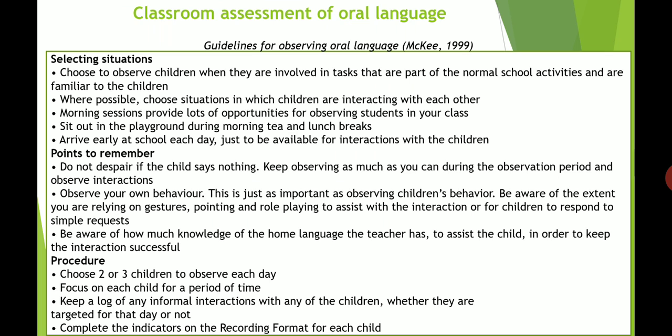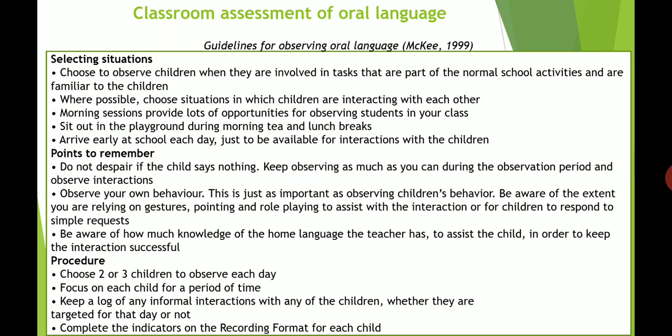So these are some guidelines for observing oral language proposed by McKee 1999. First, we have to select the situations. Points to remember: do not despair if the child says nothing. Keep observing as much as you can during the observation period and observe interactions.